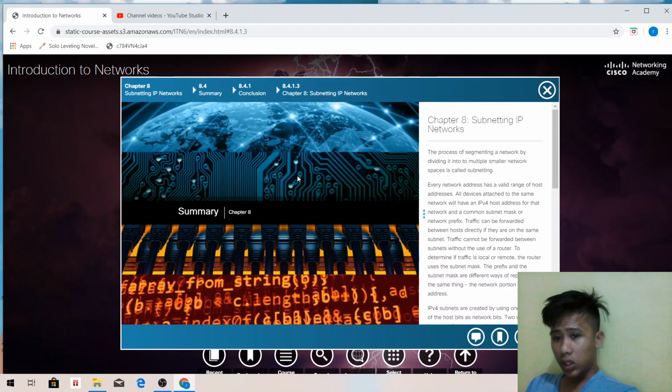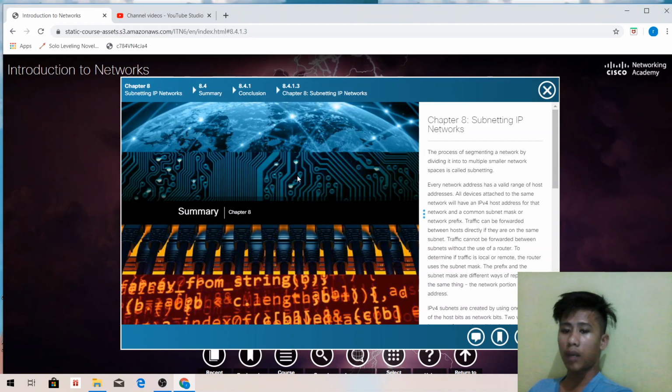All devices attached to the same network will have an IPv4 host address for that network and a common subnet mask or network prefix. Traffic can be forwarded between hosts directly if they are on the same subnet. Traffic cannot be forwarded between subnets without the use of a router.